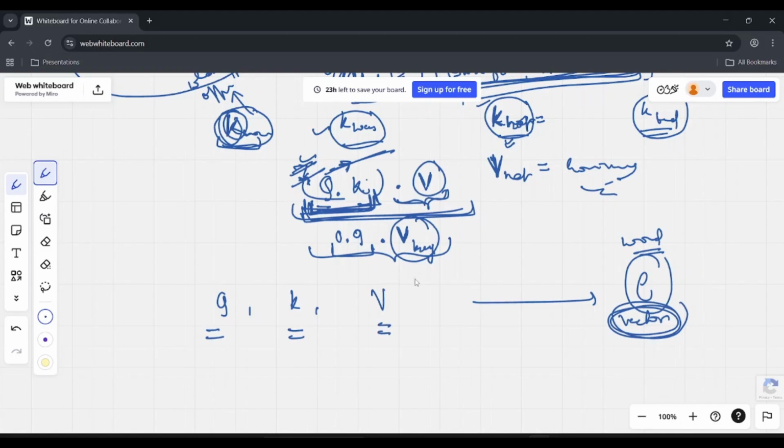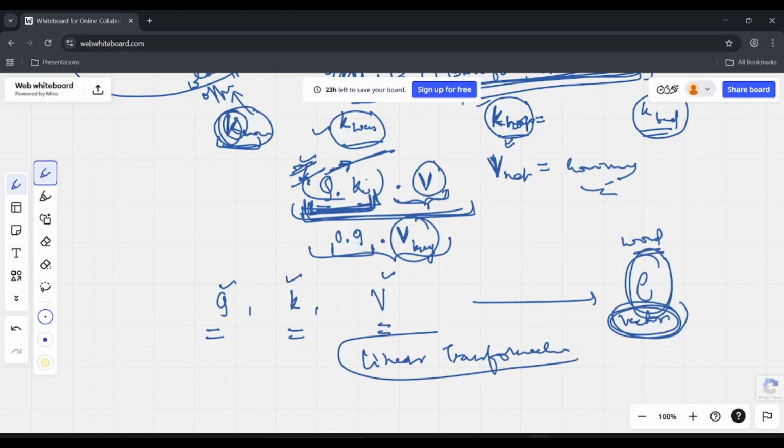There are not many ways actually to convert one vector into another vector. One way is scaling, but that will not help us much. The other method through which we can convert our word embeddings into query, key, value embeddings is through linear transformation.